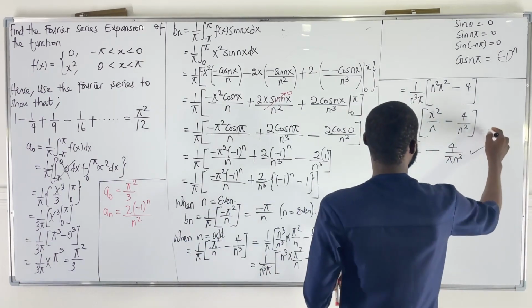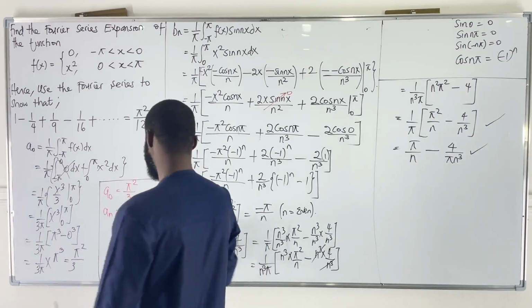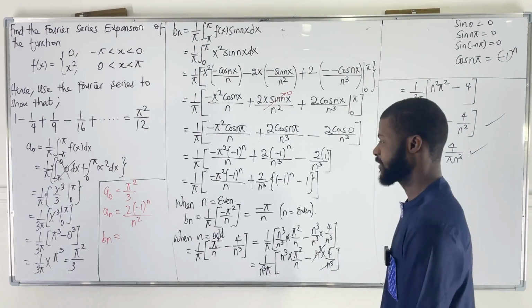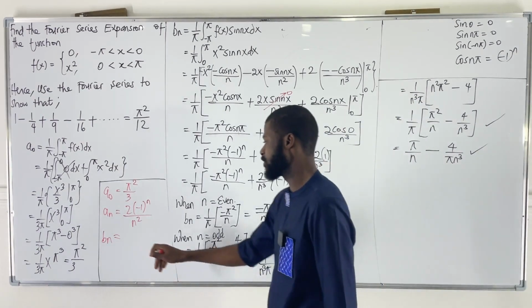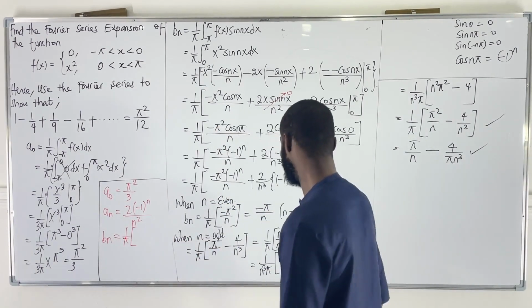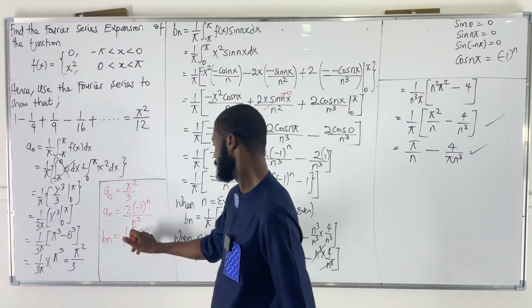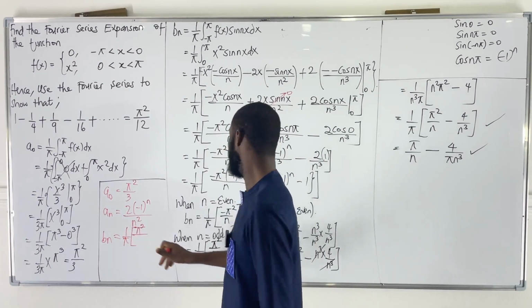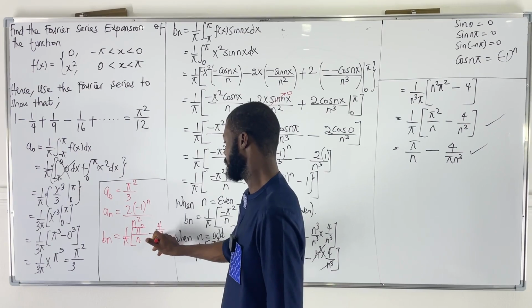Any of these two can be used. So I'm going to put my b sub n. I was trying my best to see if I can simplify the expression. So this is b sub n equals 1 over pi into pi squared over n minus 4 over n cubed.